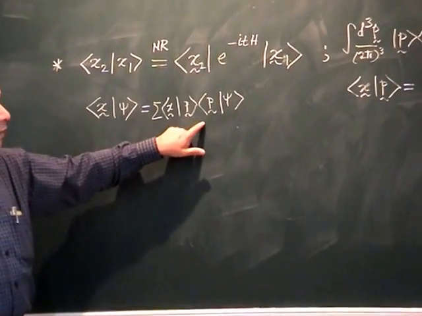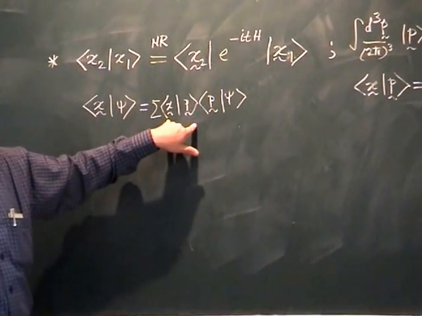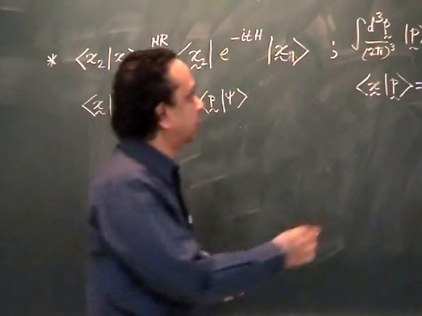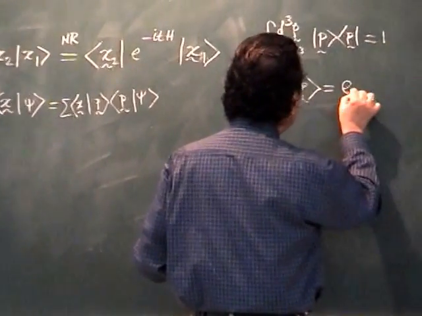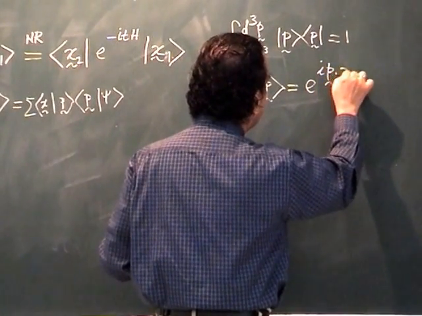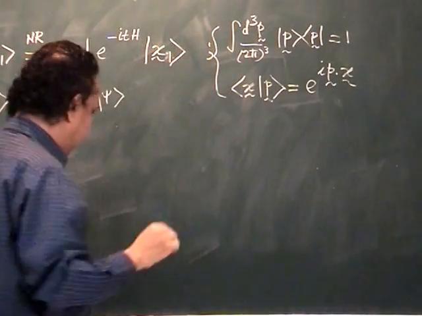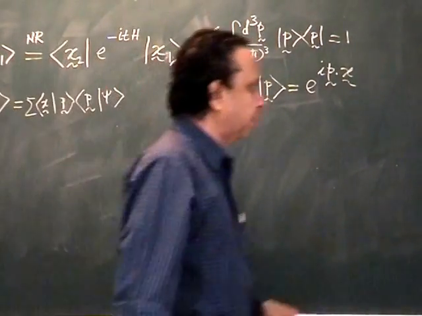In our convention, this is the momentum space wave function, this is the coordinate state wave function, and this is e^(ip·x). With these two properties, we would have done the non-relativistic propagator.